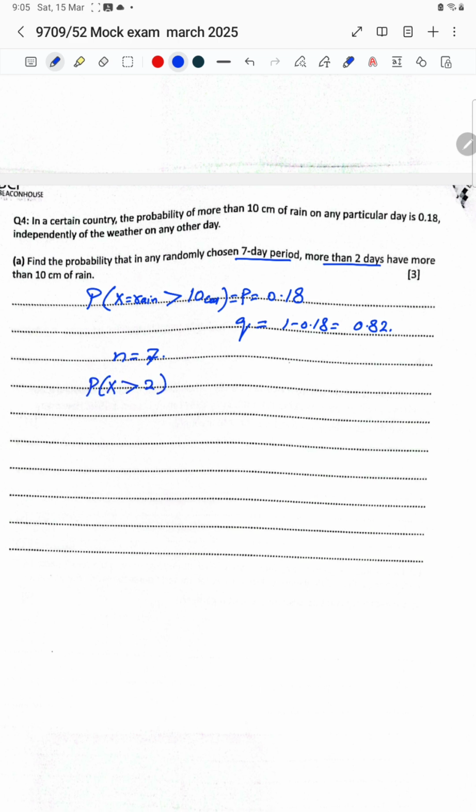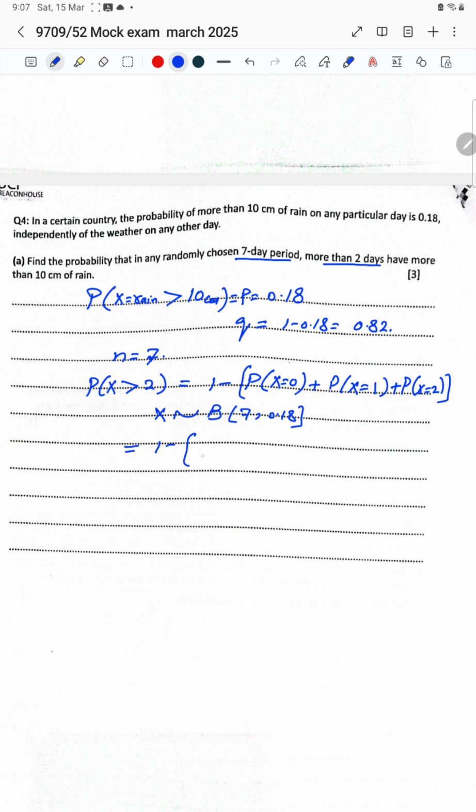This can be calculated as 1 minus the probability of x is 0 plus the probability of x is 1, and also x equal to 2. This is a case where x follows a binomial distribution with n is 7 and p is 0.18.